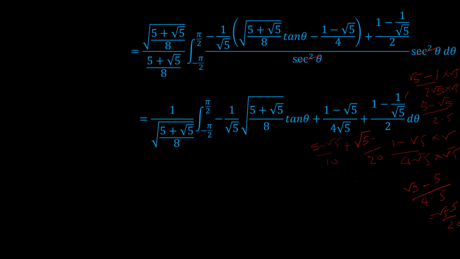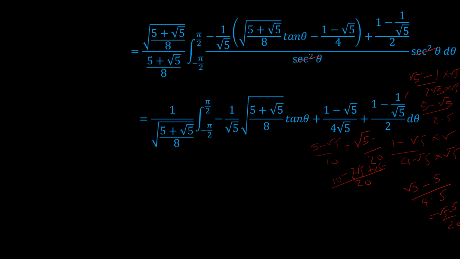And so with a common denominator of 20, dividing by 10, we have 10 minus 2 root 5 plus 5 minus 5.